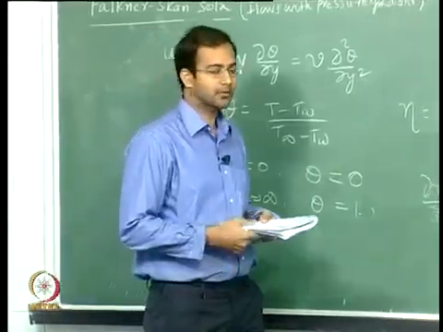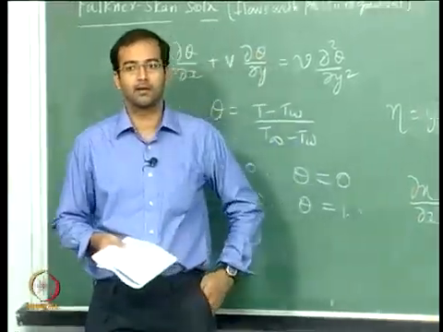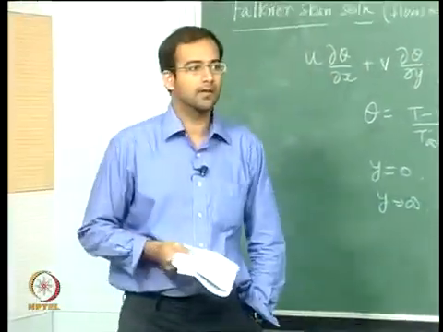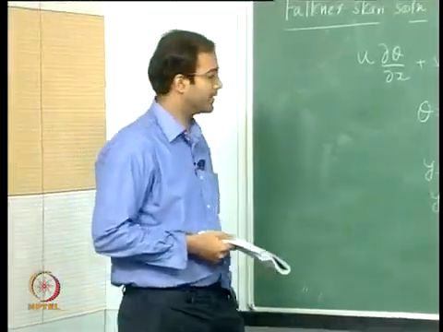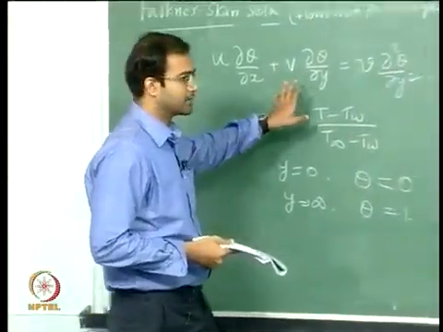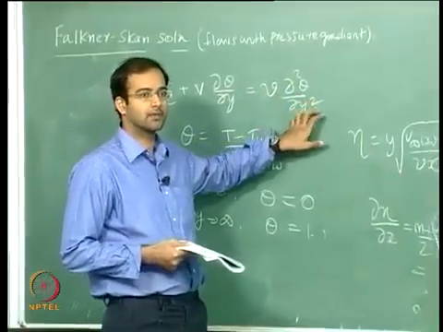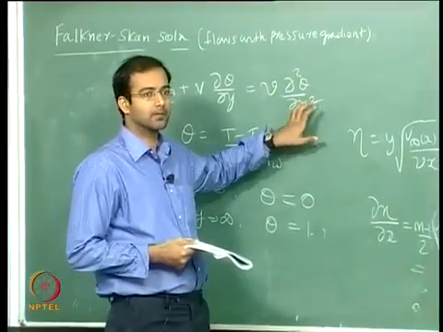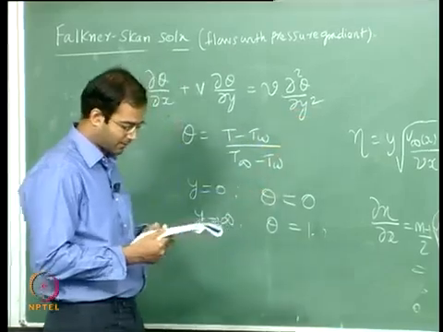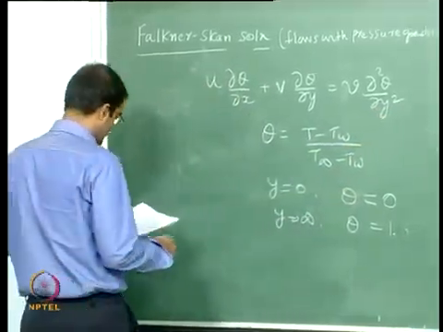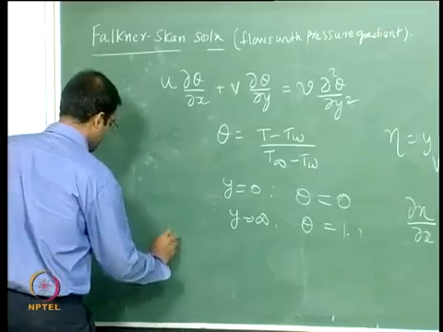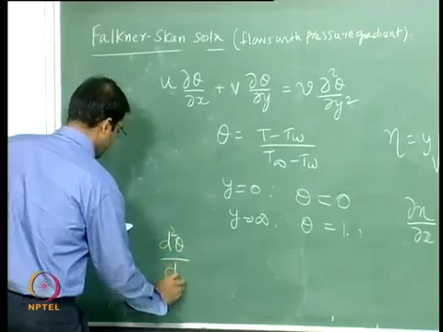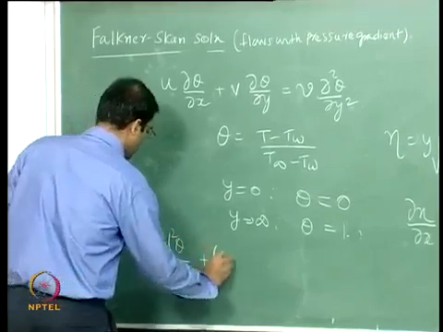So you should take care when you are differentiating and transforming the variables, now that your free stream velocity is a function of x. Appropriately you do all the substitution and transform everything in terms of the similarity variable and f, and you will get the similarity equation for energy, d square theta by d eta square.